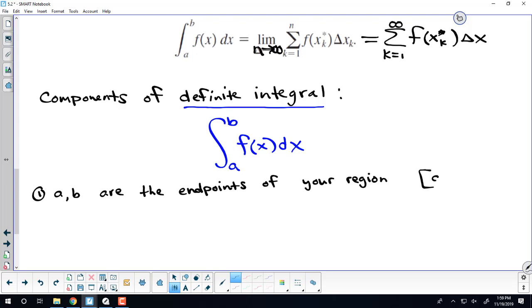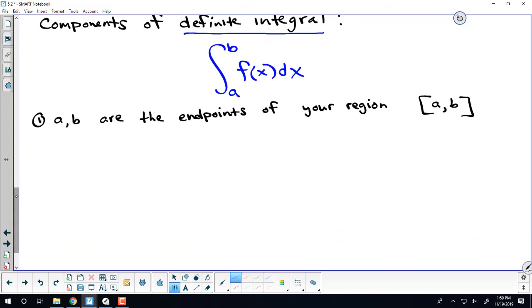We look at a region on a to b. It's the same a, the same b. Here in the definite integral, we call those the limits of integration.